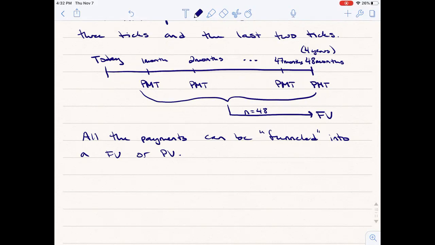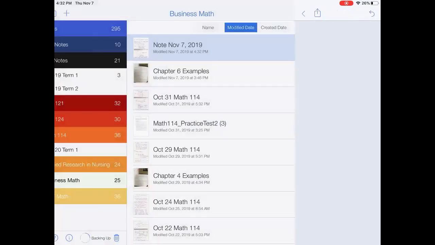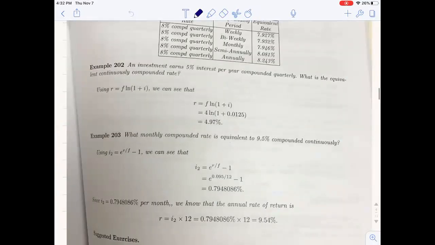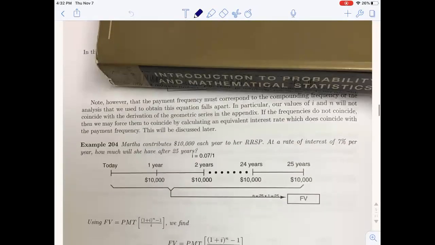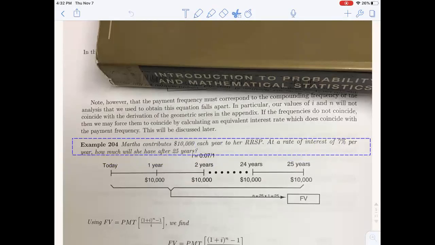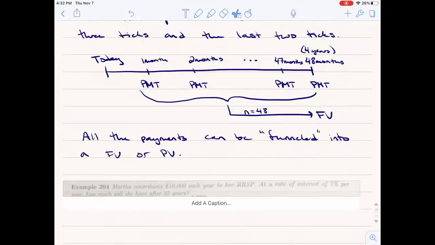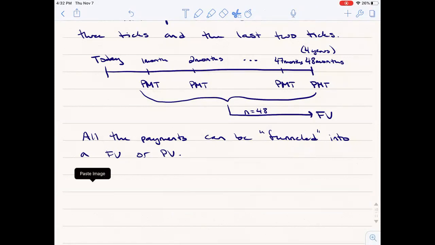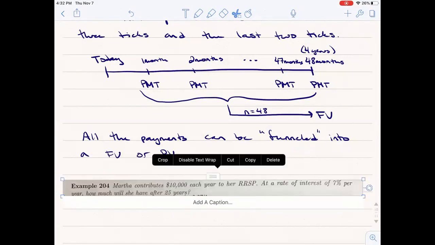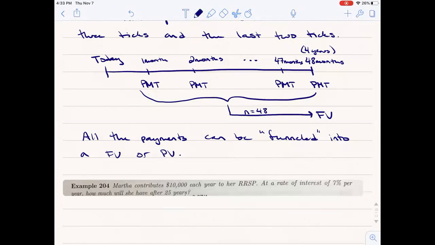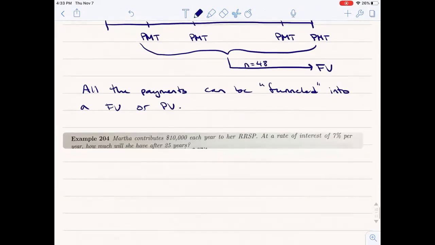All right. Let's do example 204. Martha contributes $10,000 each year to her RRSP.